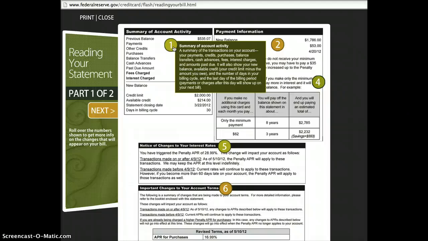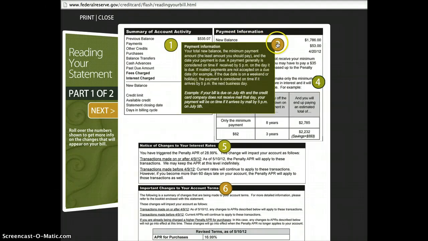If you purchased anything, if you transferred a balance from one card to another, if you borrowed cash off of your credit card, any fees that you've incurred, any interest, and if there was a balance that you were supposed to pay and you didn't pay. That is all going to show up here. So a really important part to look at.